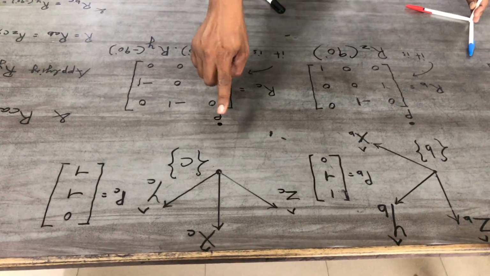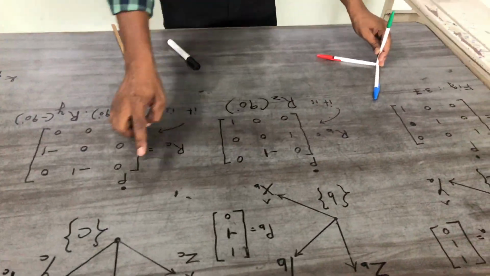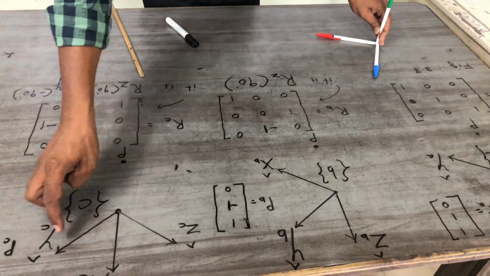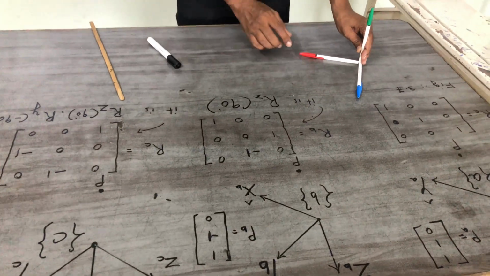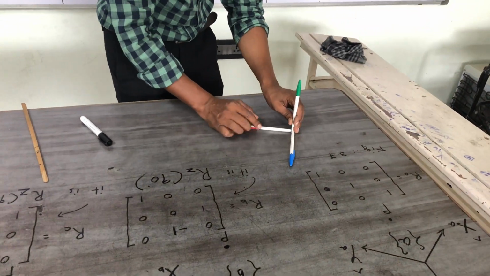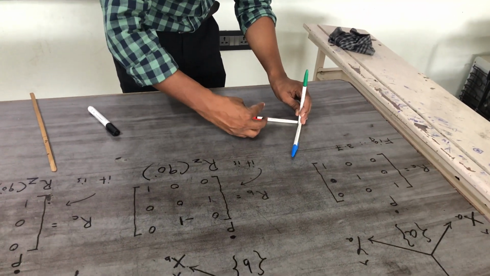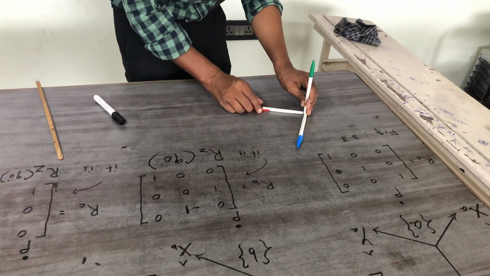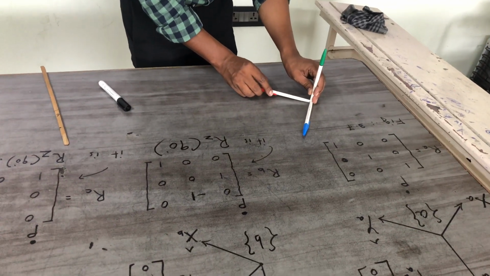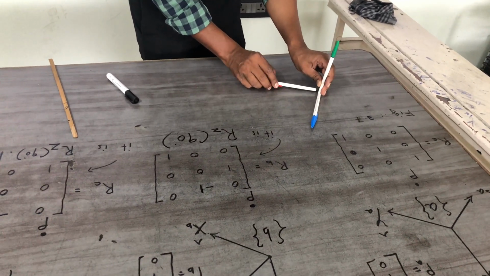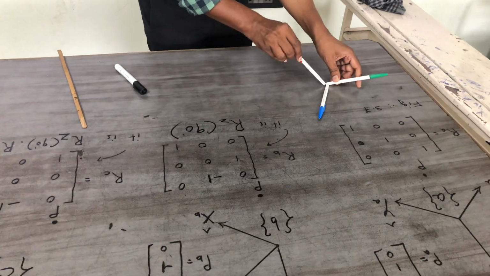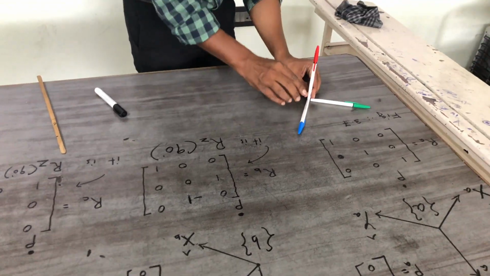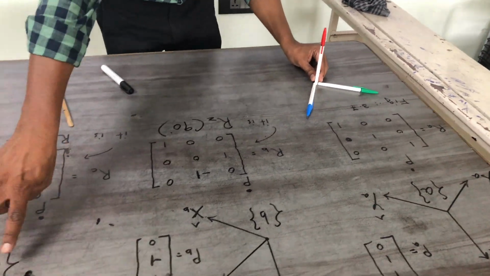If we rotate this B frame, where this one is Z, this one is Y, this one is X, around Y, from X to Z, then Y remains the same, and it becomes this frame.